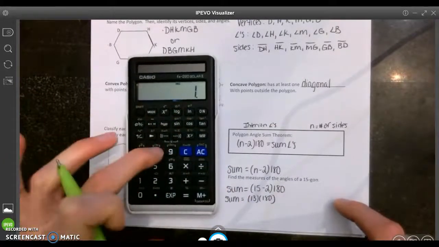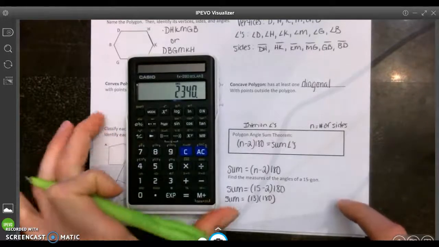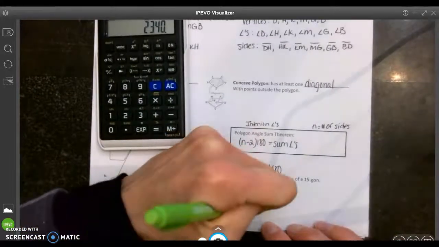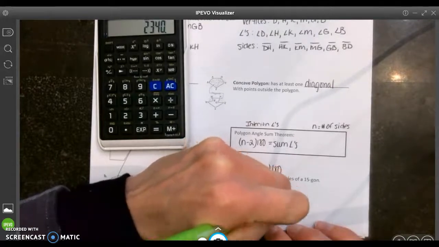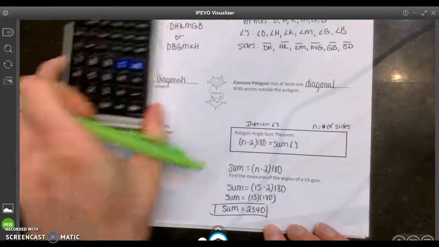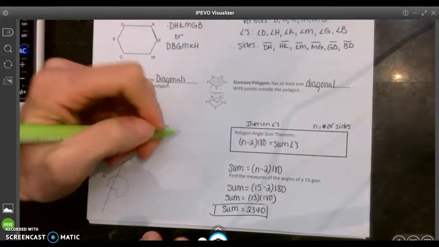So 13 times 180 is, so the sum of my angles is 2,340. And so that's my answer there. So in a 15-gon, if we added up all the angles, it's 2,340.